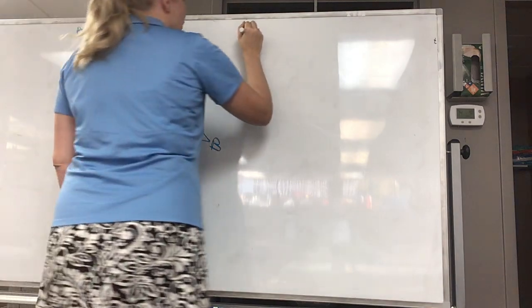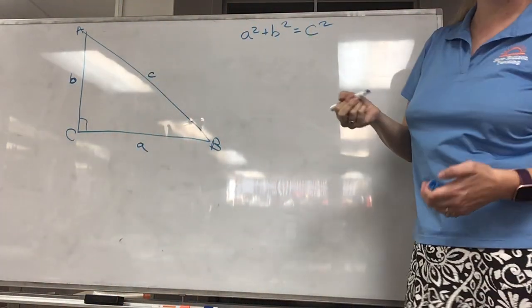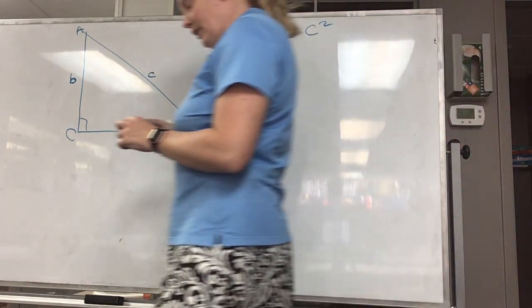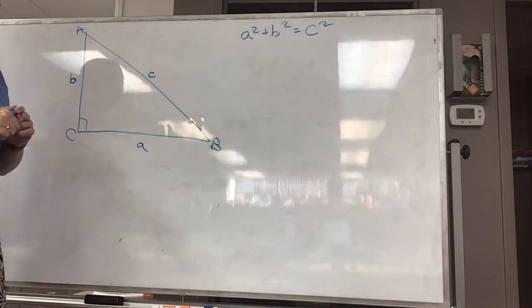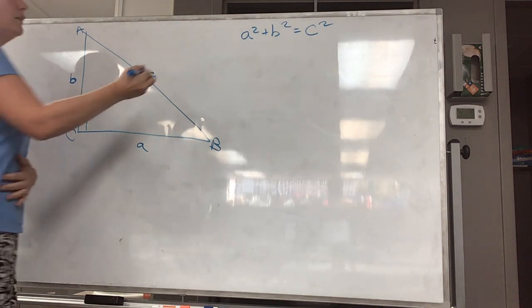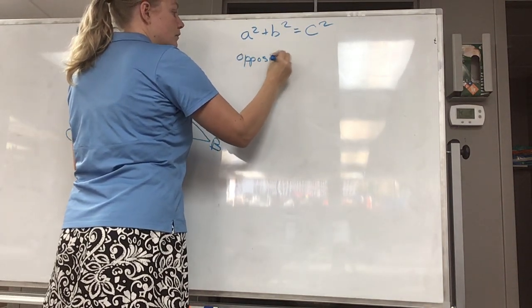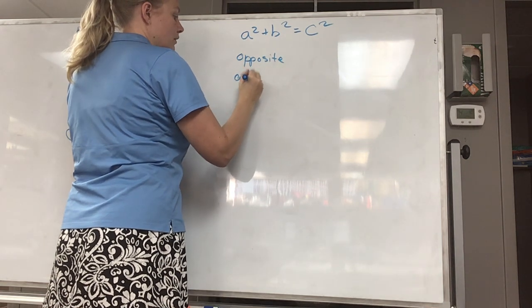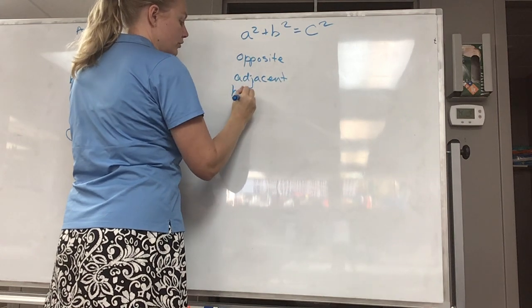That's where the Pythagorean theorem, a squared plus b squared equals c squared, comes from. But with sine, cosine, and tangent, which are the trigonometric functions or operators, they are going to be using 3 different labels. They use opposite, adjacent, and hypotenuse.